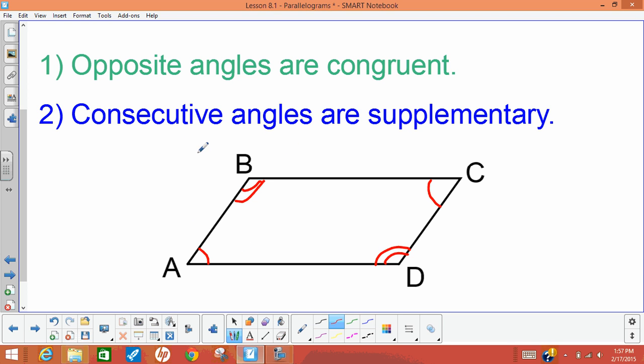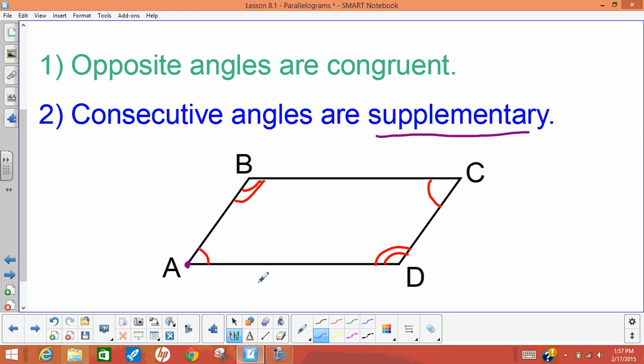Now the consecutive angles are supplementary. So if I start at one angle, let's start at A, and go around the parallelogram either way, the next angle I get to is going to be consecutive to A. So A and B are consecutive angles. They are supplementary. If I go the other way, A and D, they're also consecutive angles. They're supplementary.